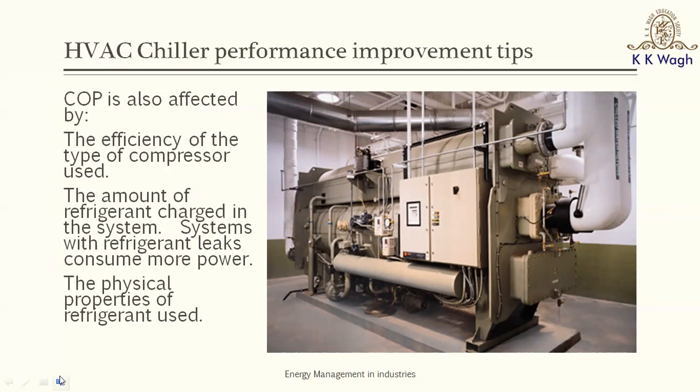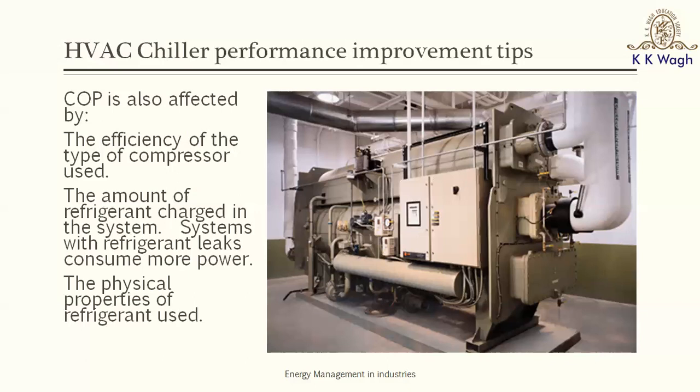And if, for example, there are some leakages of refrigerant, that is, the charge in the system reduces, the system is going to consume more electricity. So we need to make sure that the system has appropriate charge and there are no leakages of the refrigerant.